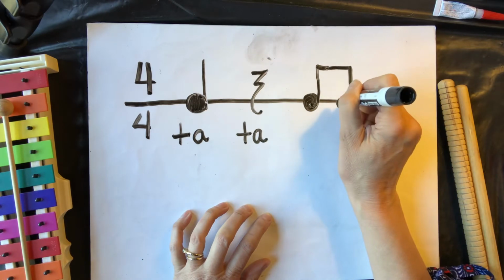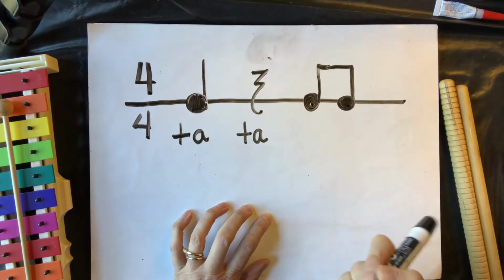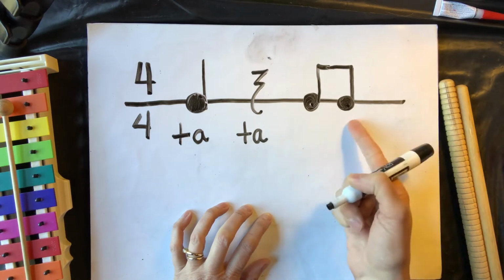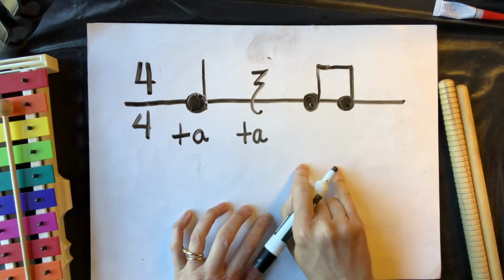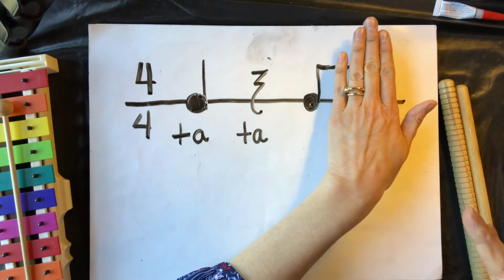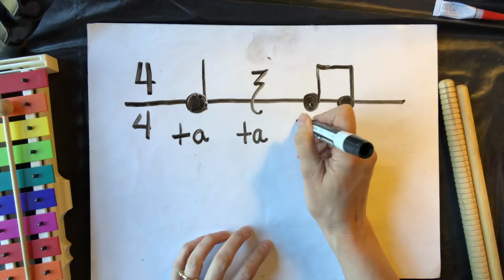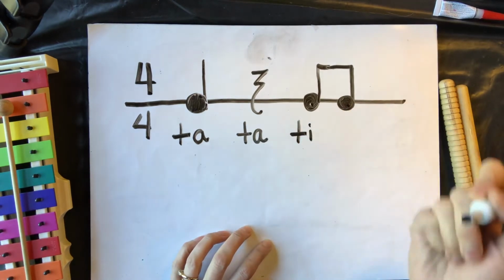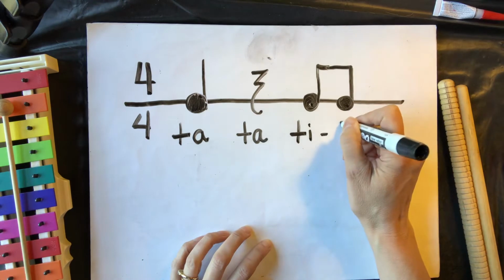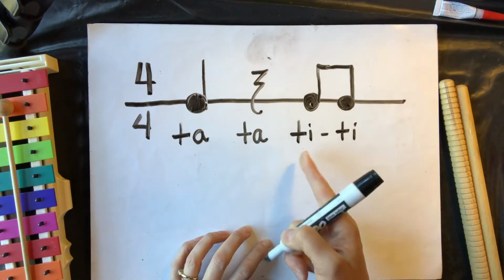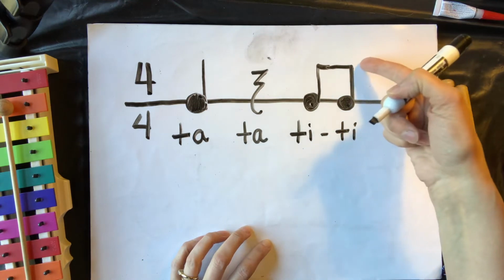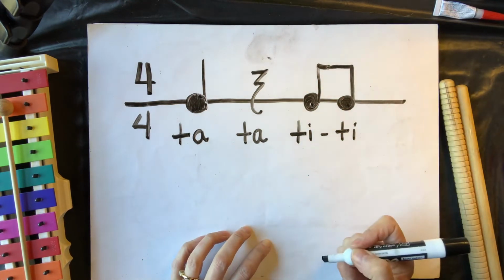We've done a couple songs with them apart, but for our purposes, it's easier to play them together because these 2 together get 1 beat. So for this, I say what? This is ti, and the 2 of them together that make 1 beat is ti-ti, okay? So ti plus ti is ti-ti, and this one would be the ti, and you turn the flag around when there are 2 of them right together.